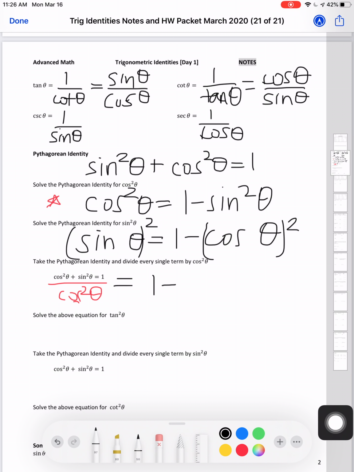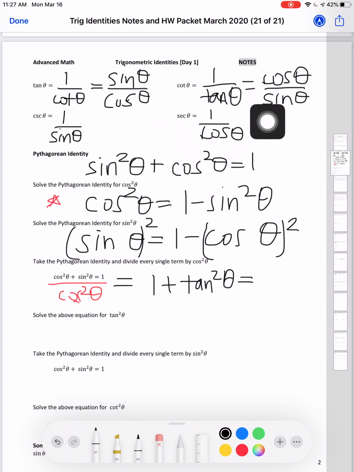And then I will get sine squared divided by cosine squared from the second part. And we know from above that if we have sine over cosine, that is tangent. So then what we end up with here is a tangent squared. Because we have sine squared over cosine squared, that will make that be tangent squared, and then that is equal to 1 over cosine squared.